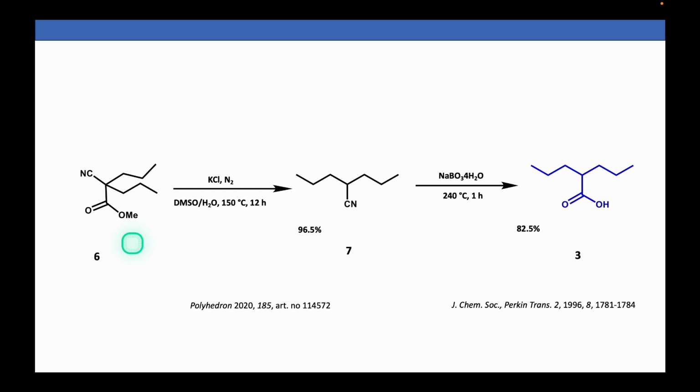It is noteworthy that in this synthetic route, the transformations in 6 can be carried out by isolating useful intermediates like 7.